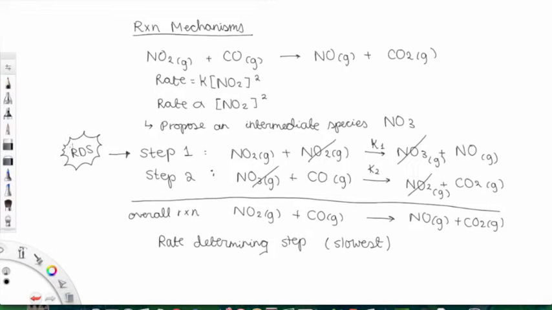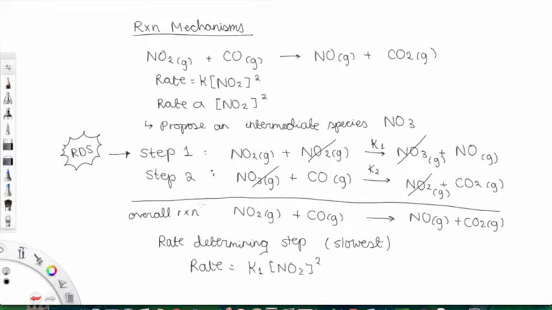So that's the slow step, and that's the one that determines the overall reaction rate. And so the rate is equal to K1 NO2 squared due to the fact that step 1 is the slowest step.